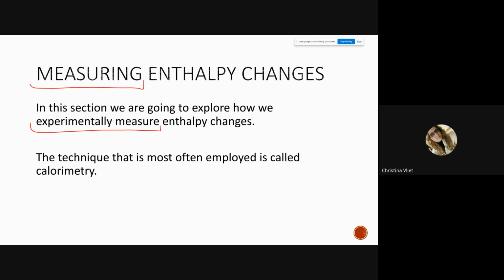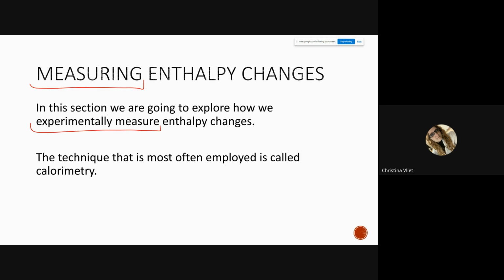In today's class and on Wednesday, we're going to be learning how to experimentally determine a change in energy through a chemical reaction. So we'll be seeing it in theory today, like doing the math, but then we'll be practicing next class with the lab to see it in action.